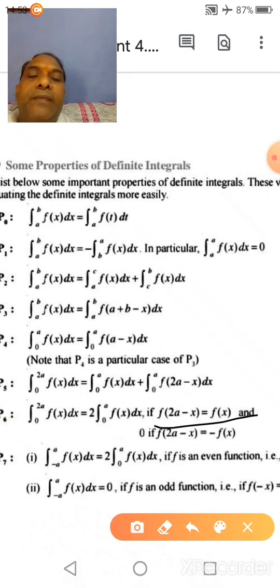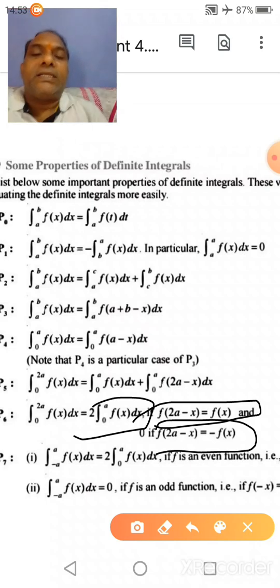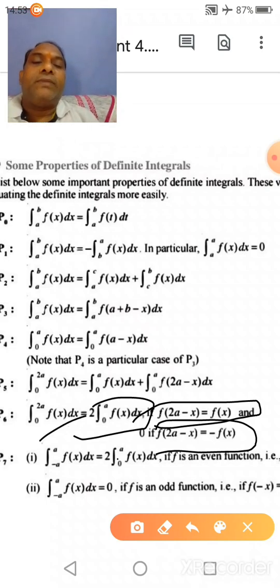If f(2a minus x) is equal to f(x), then it will be equal to twice of integration 0 to a f(x) dx, and if f(2a minus x) is equal to minus f(x), then integration 0 to 2a f(x) dx will be equal to 0. Clear?